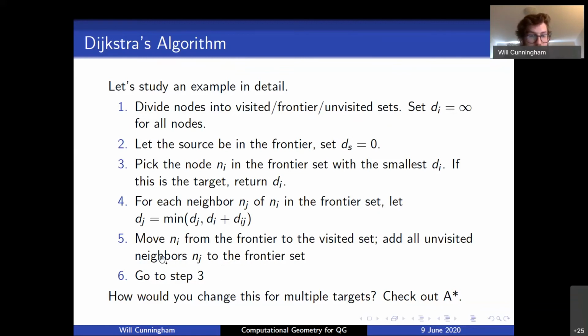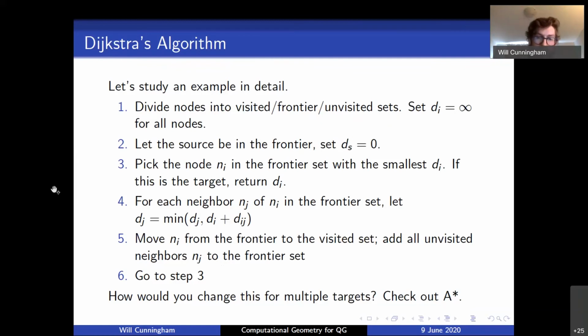So it's a fairly straightforward procedure. We're just iterating one by one, always choosing the node which is closest to our source, but still in our frontier set. This creates a sort of circle around our source, and it spreads at a uniform rate. You can visualize this pretty easily.